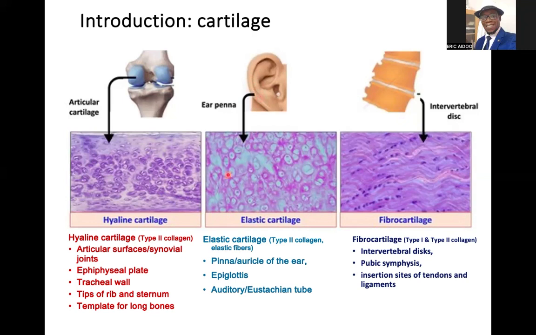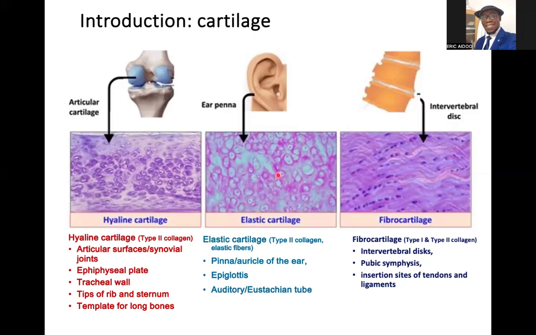You have type 2 collagen and elastic fibers in this type of cartilage, unlike the hyaline cartilage where you have only type 2 collagen. So in the pinna or auricle of the ear, you find that. In the epiglottis, you also find that. The auditory or eustachian tube too has this type of cartilage.